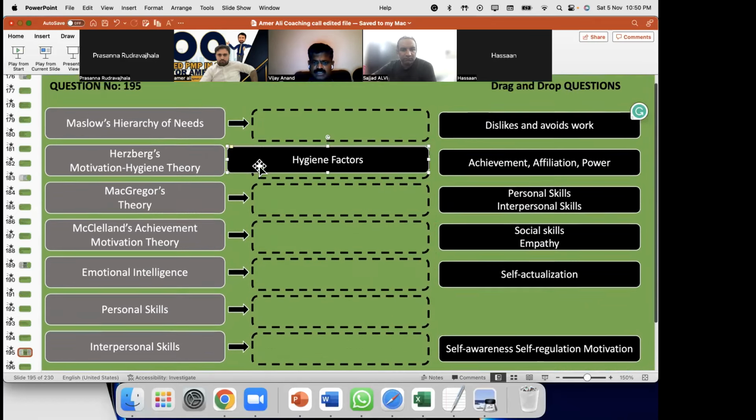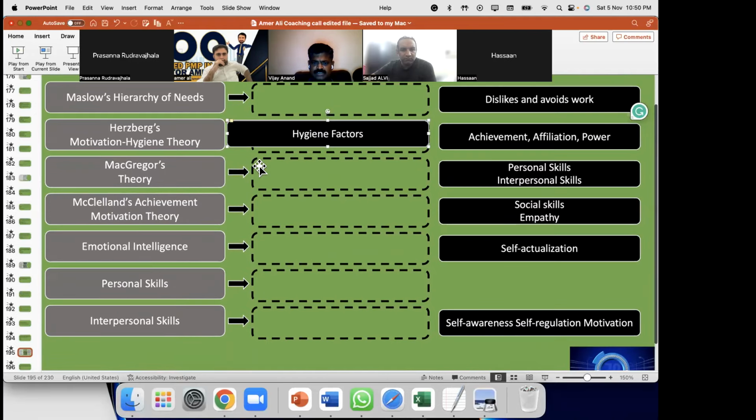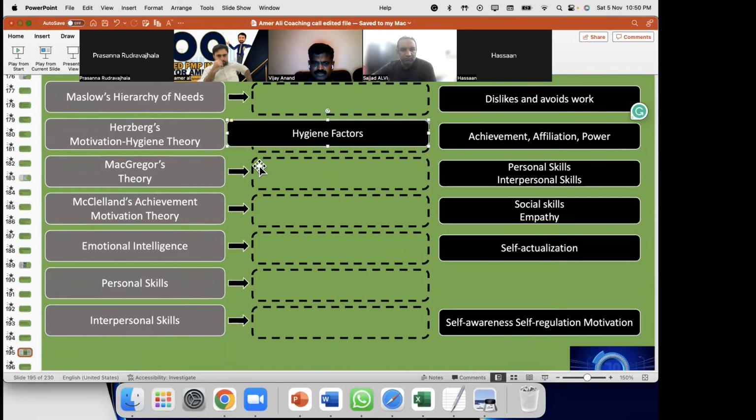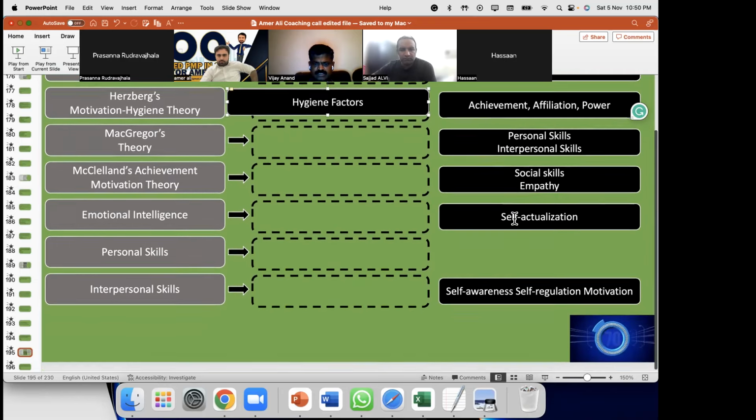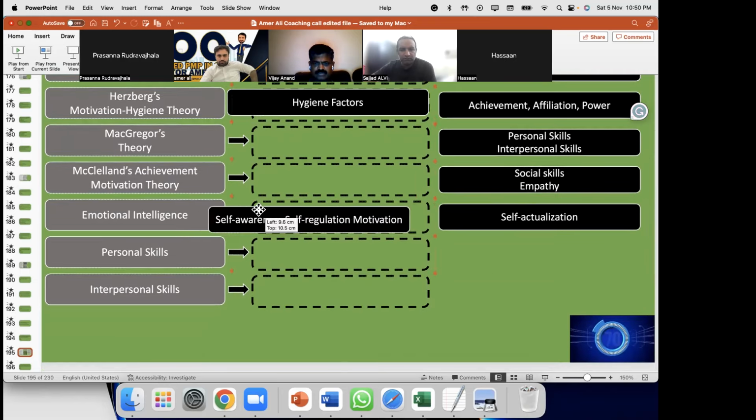Maslow's hierarchy theory is social. Okay, emotional intelligence: self-awareness, self-regulation, motivation.